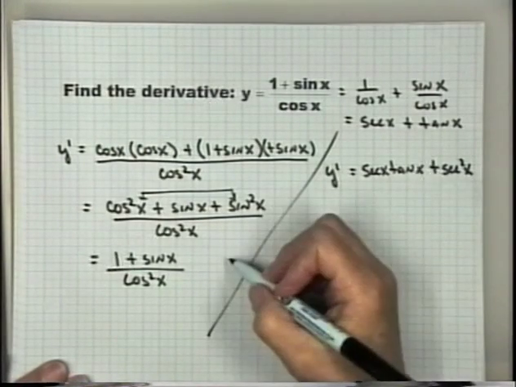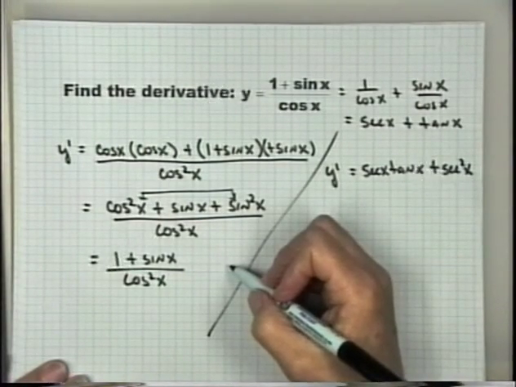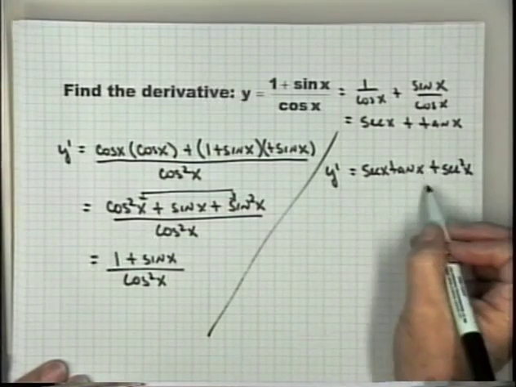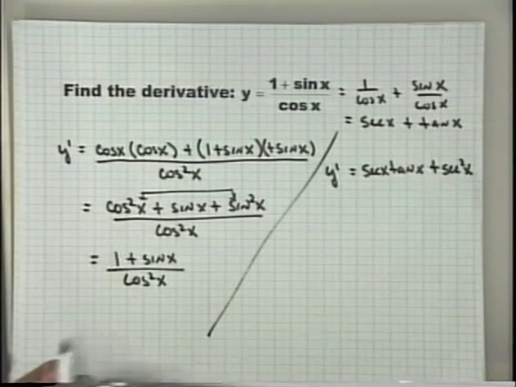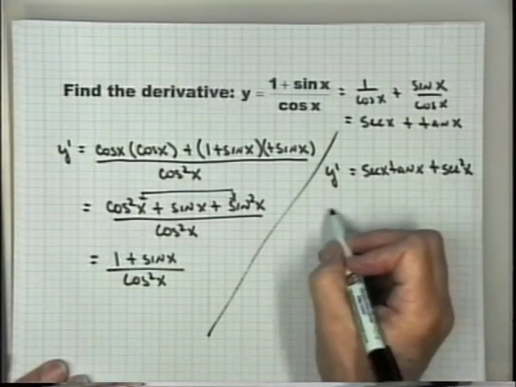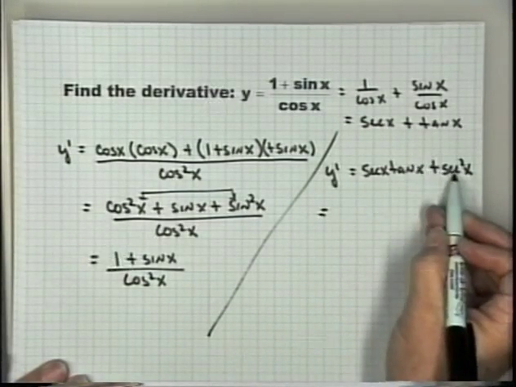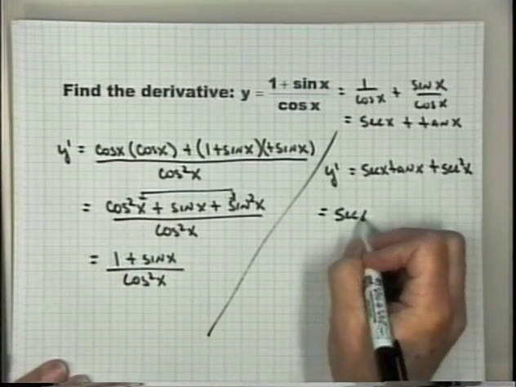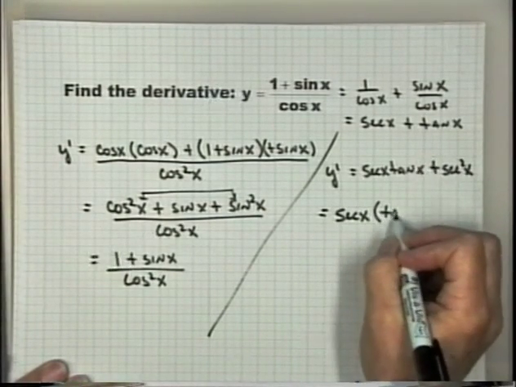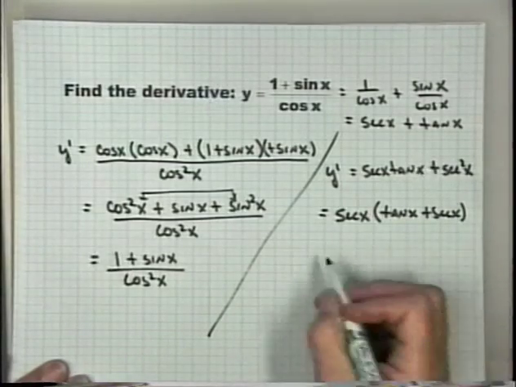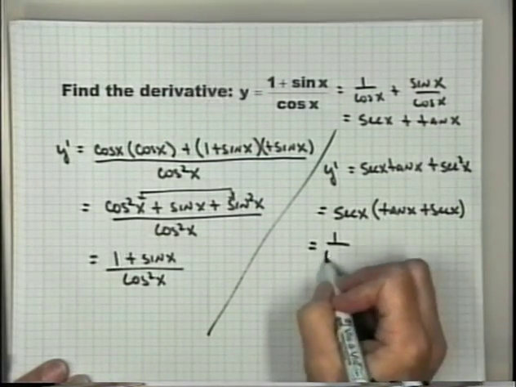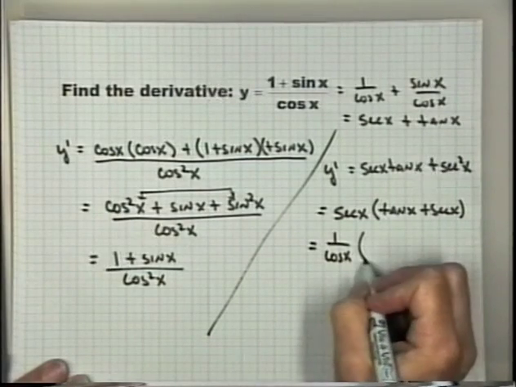But look how different these look. Let's just see if we do have the correct answer in this form, even though it looks so different from this one. Let's look at this just a little bit in terms of simplifying. First of all, notice I could factor out a secant x, which would leave a tangent x plus a secant x. Secant is 1 over cosine, isn't it?